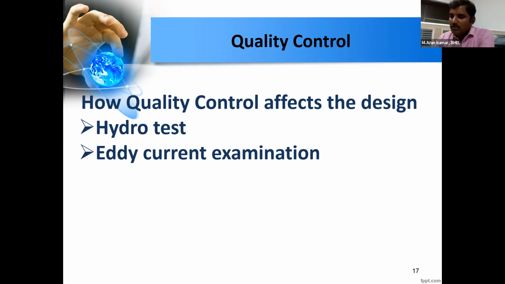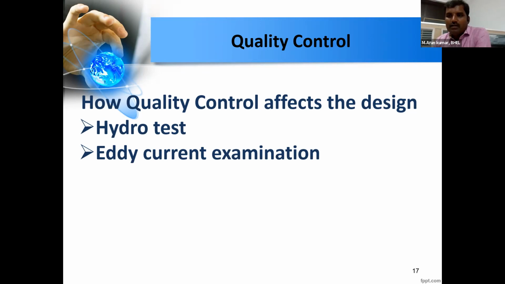For example, in a rare case, in only one component we got this problem, that is 30 degrees Celsius RT-NDT temperature. So what happens? We have to do hydro test at plus 63 degrees Celsius.